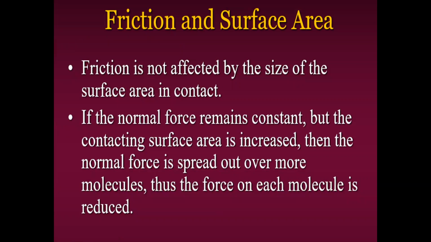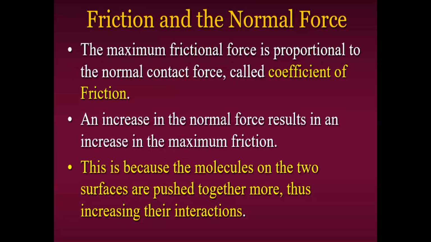Friction and surface area. Friction is not affected by the size of the surface area in contact. If the normal force remains constant, but the contact surface area is increased, then the normal force is spread out over more molecules. Thus, force on each molecule is reduced.